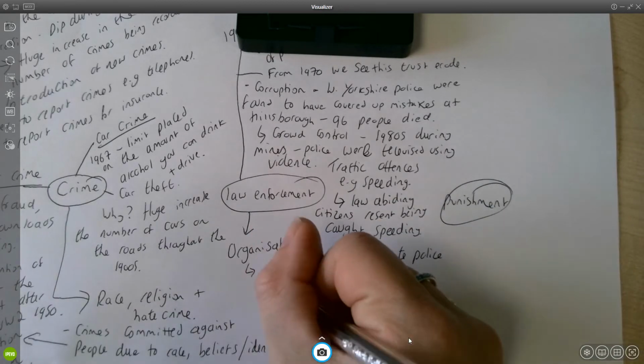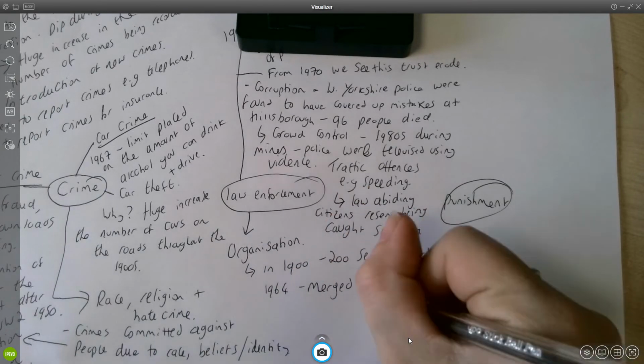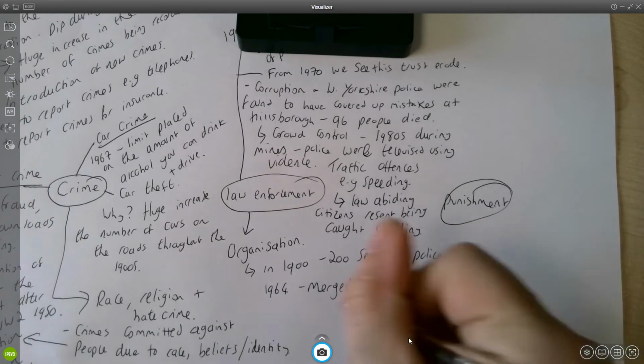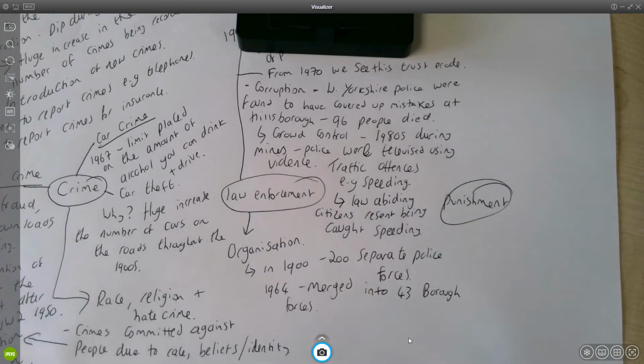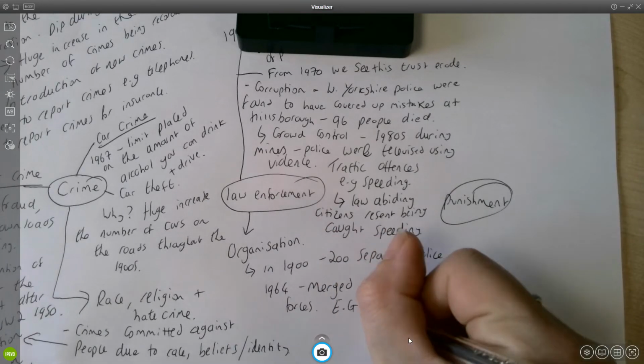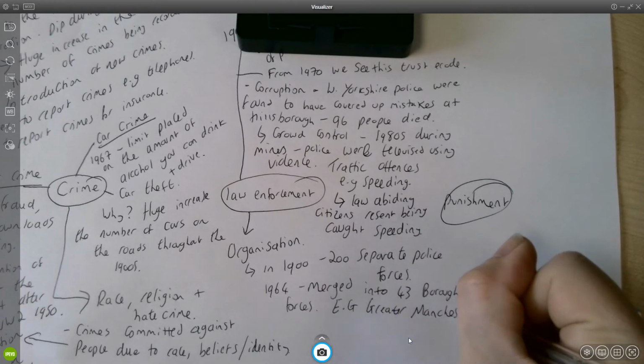In 1964, they are merged into 43 borough forces. Example, Greater Manchester Police, rather than each town having its own police force.